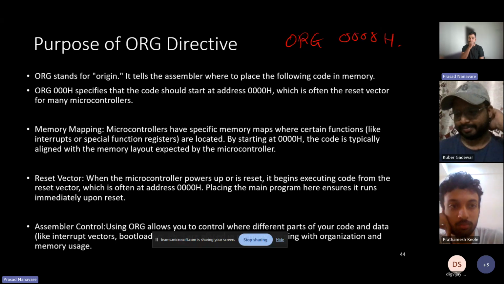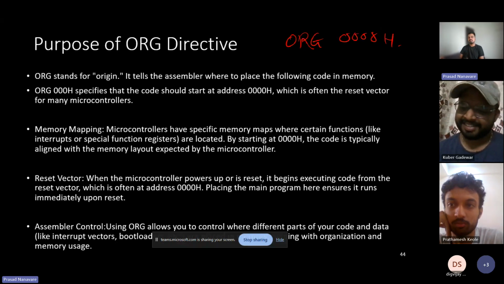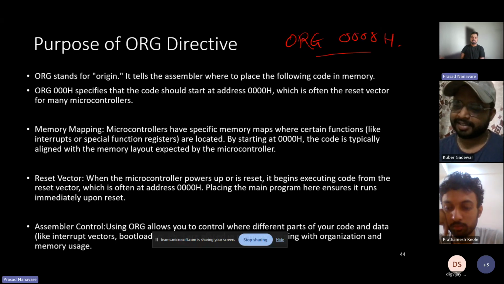This is the reset vector of many microcontrollers. When power on reset happens, or when we press the reset button, or when the controller is powered on, this is the address it starts executing from. So that is why this is important, and there are some other things listed, you can go through.